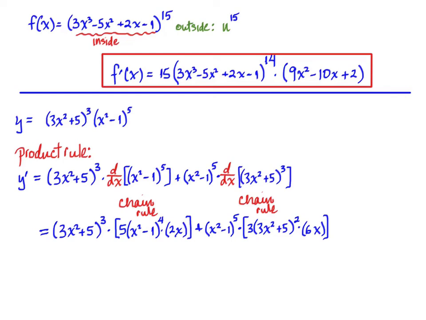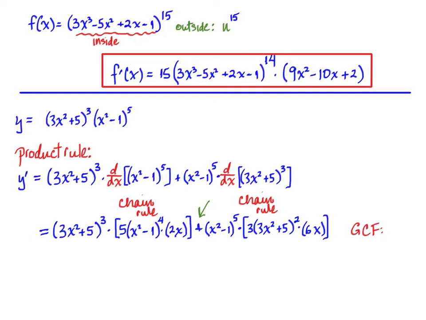So let's simplify. There's a little bit of algebra involved, and I want to walk you through that. Notice we have a sum. We have a term which is a messy product plus another term which is another messy product. But it's a sum, so what we're going to do is try to find the greatest common factor in each term and pull that out, because we want to have everything factored at the end.